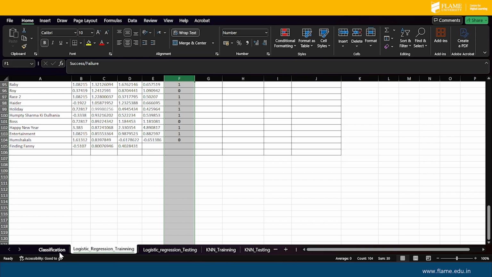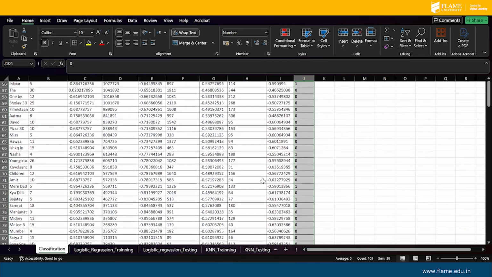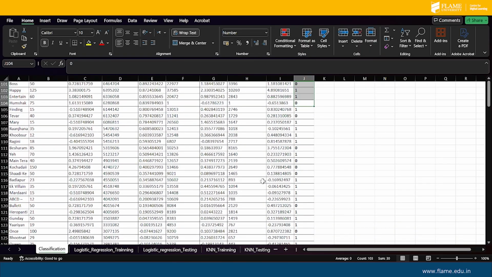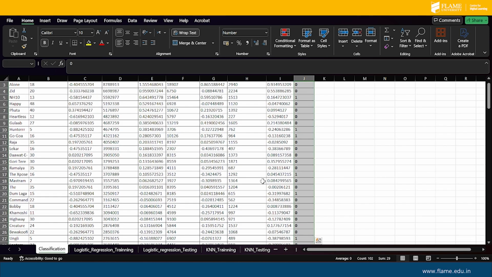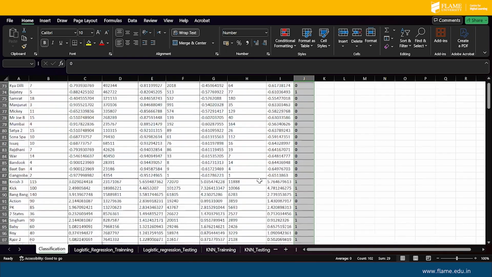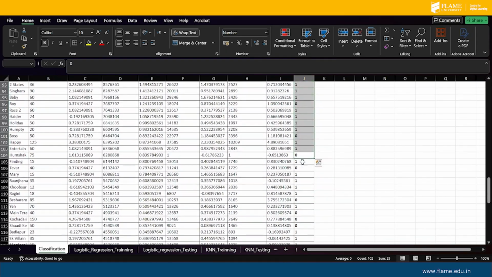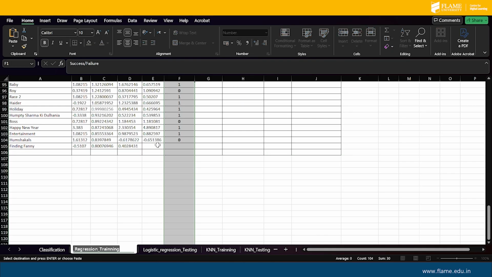So I missed two values, so I have to add another value, so that is 105. So these two values I have to just copy. I missed these two values. Okay.